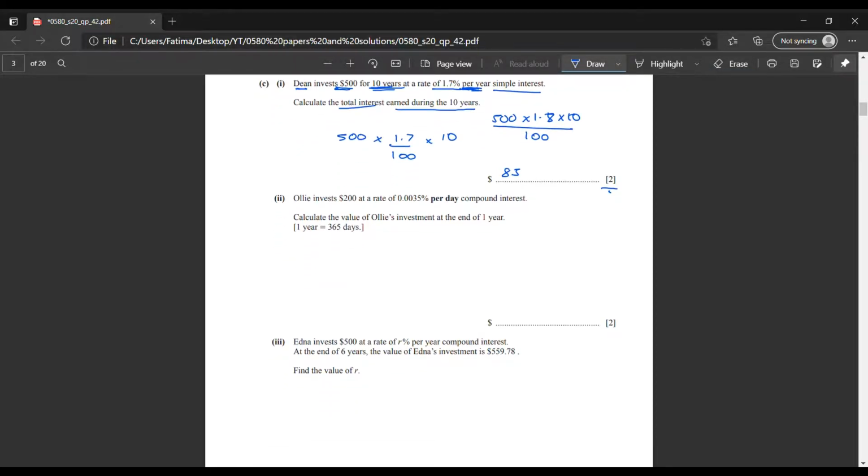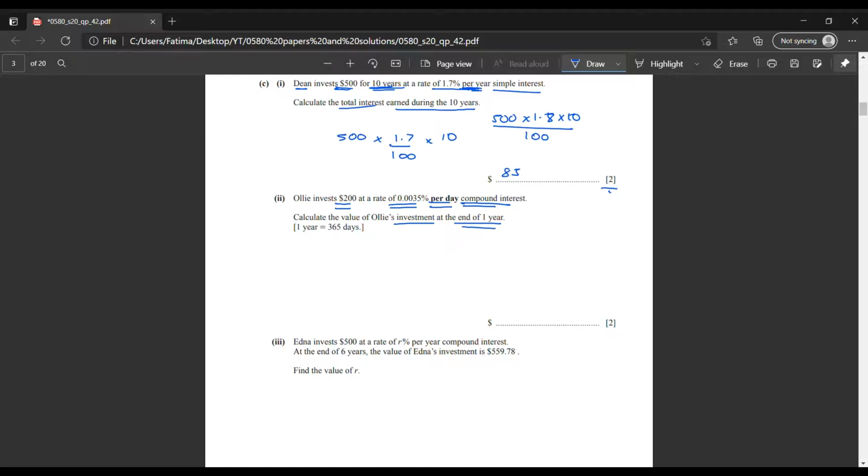Now for the next part, first of all, it's compound interest, so our formula is different. It's done per day, and this is our initial value, this is our rate, and we have to calculate the person's investment at the end of year 1.